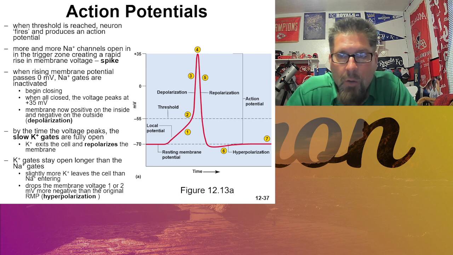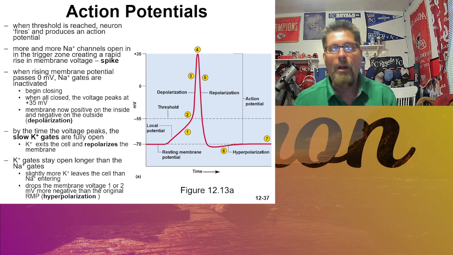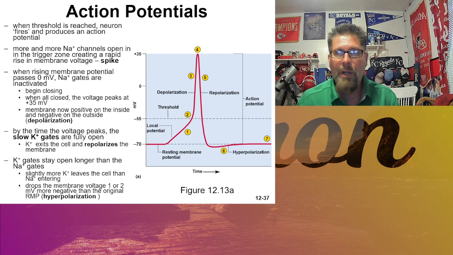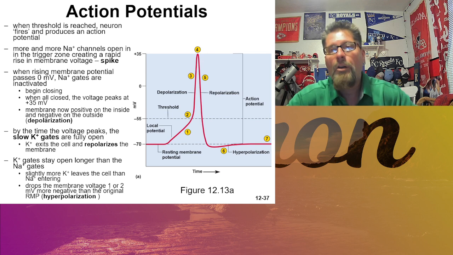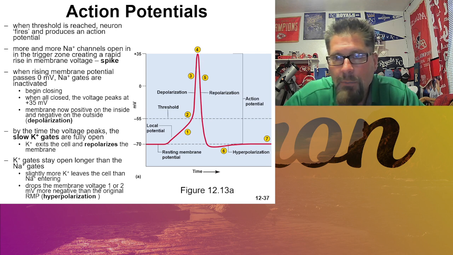So anything below that, it doesn't fire in that manner, and then again gets to plus 35, then it begins to descend back down, returning to its resting membrane potential.